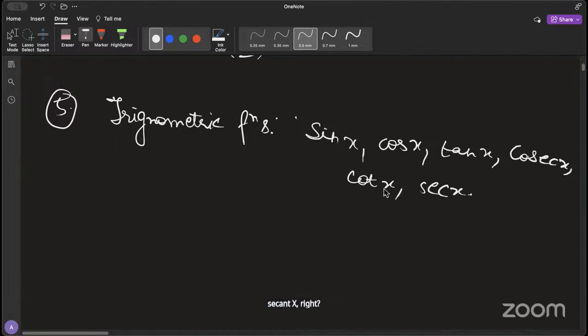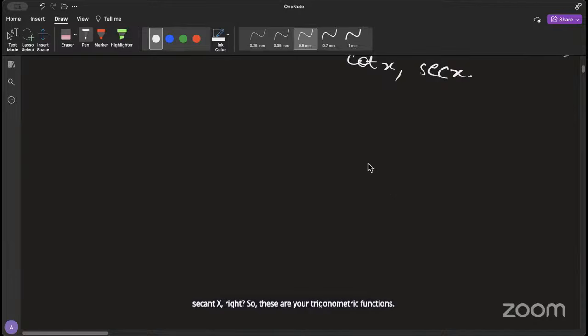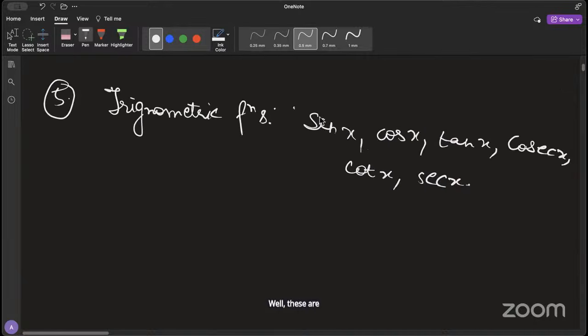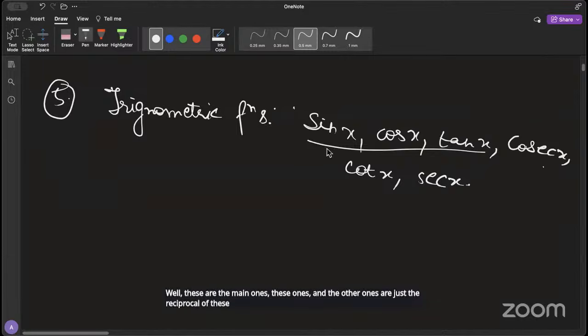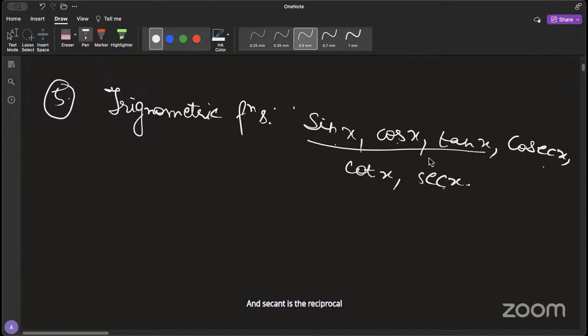These are the main ones, and the other ones are just the reciprocals of these. So cosecant is the reciprocal of sine, secant is the reciprocal of cos, and cot is the reciprocal of tan. Reciprocal as in this: cosecant x is 1 by sine x.